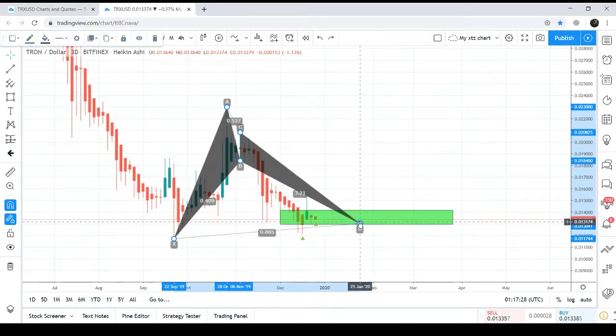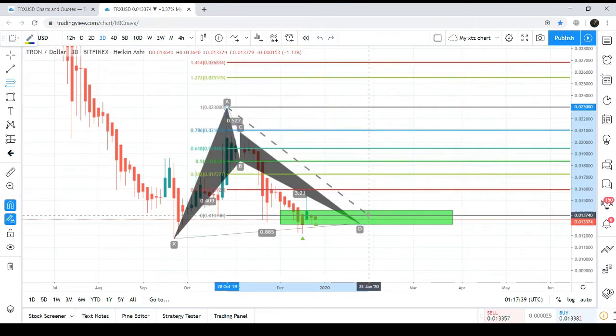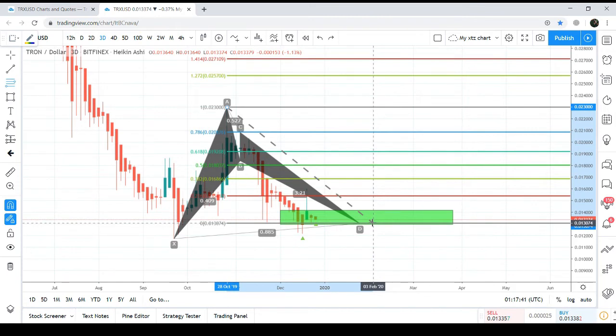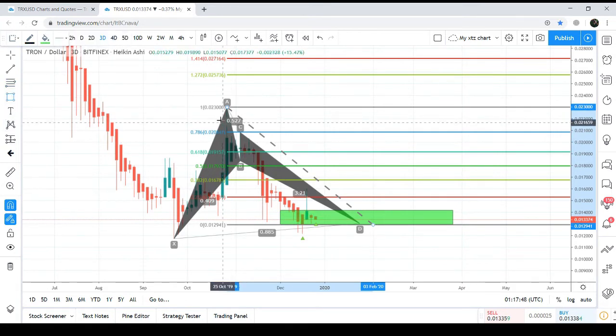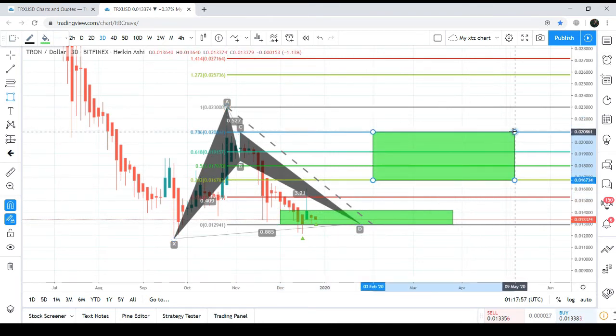almost up to here. And this is our potential reversal zone, and from here the price action is supposed to take the bullish divergence. All right, here we can see once the price action has tried to hit this area, the sell zone, which is the projection of the A to D leg from 0.382 up to 0.786 Fibonacci projection.